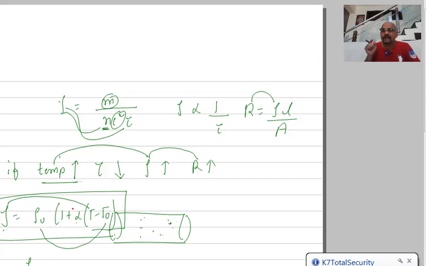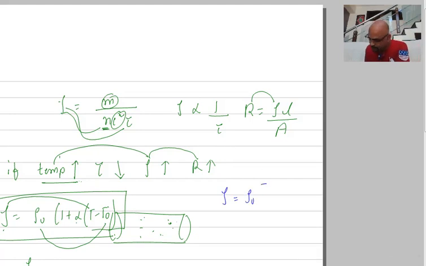Alpha is the temperature coefficient of resistivity. I write again, please listen. Rho is equal to rho naught into 1 plus alpha into T minus T naught.